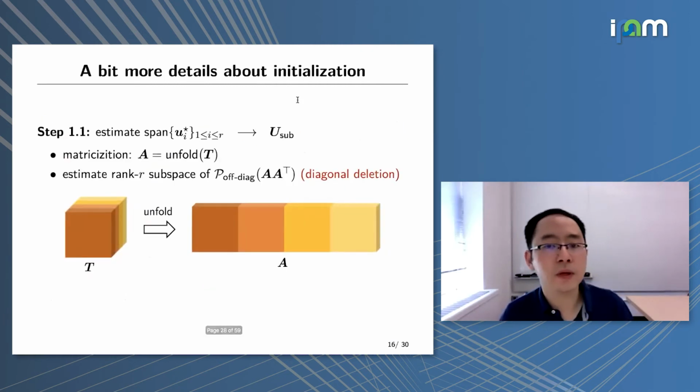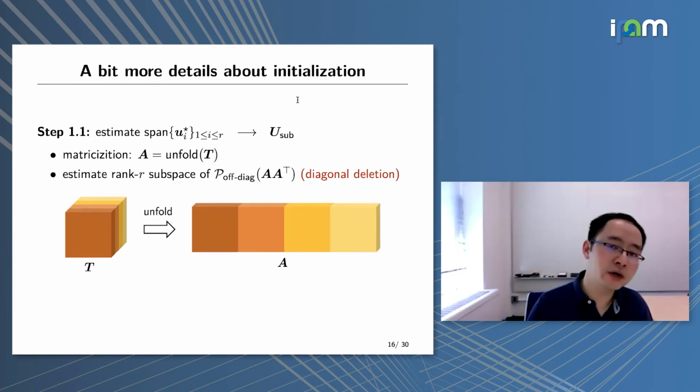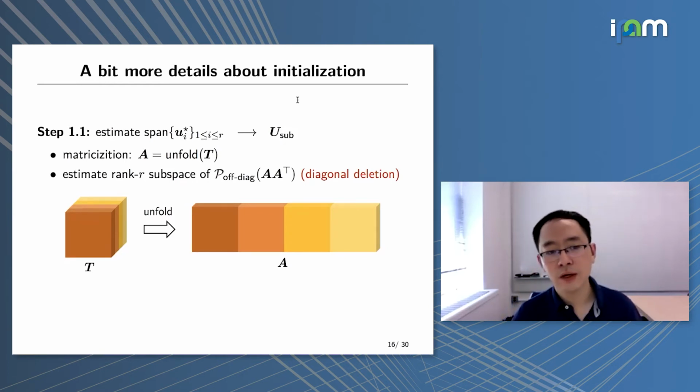So let me talk a little bit more about the initialization. What kind of strategy are we going to use for initialization? In the first step, I'm going to estimate a subspace, as I mentioned. And the subspace is a subspace spanned by the unknown tensor factors. And how to do it?